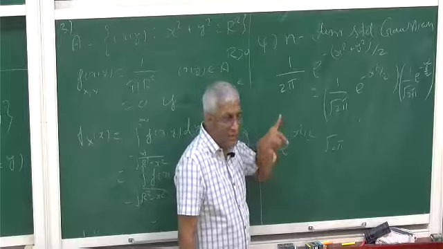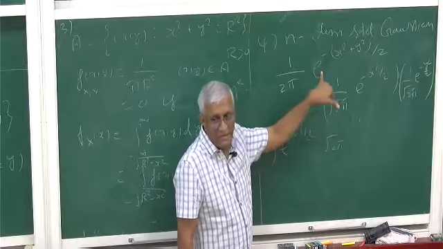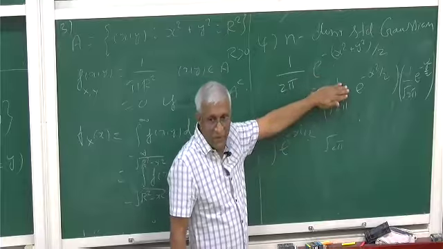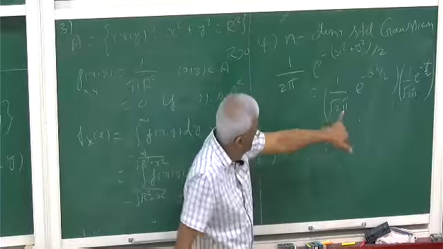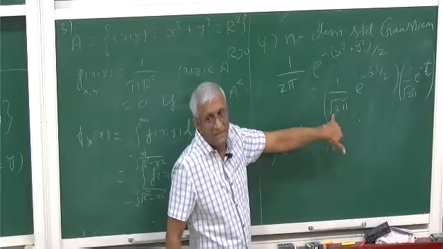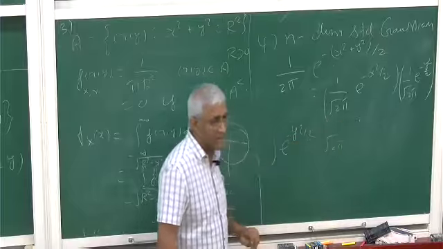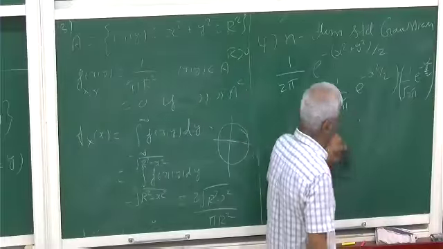To get the distribution of x, you have to integrate with respect to y. To get the distribution of y, you have to integrate with respect to x. If you integrate this with respect to y and use this fact, you get the distribution of x. Similarly, use the other fact to get the other. So this is the joint distribution of two independent random variables.